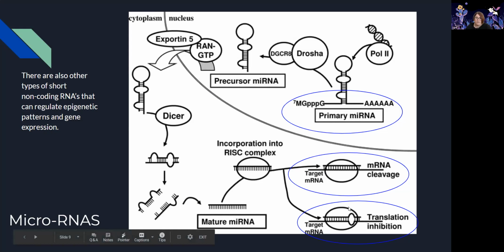You can also have these microRNAs that do direct inhibition of translation. They might change the structure so that the ribosomes can't bind. And so again, you shut down the translation of this mRNA into a protein. There are other sorts of short non-coding RNAs in the cell that can cause regulatory changes, and those are also important.